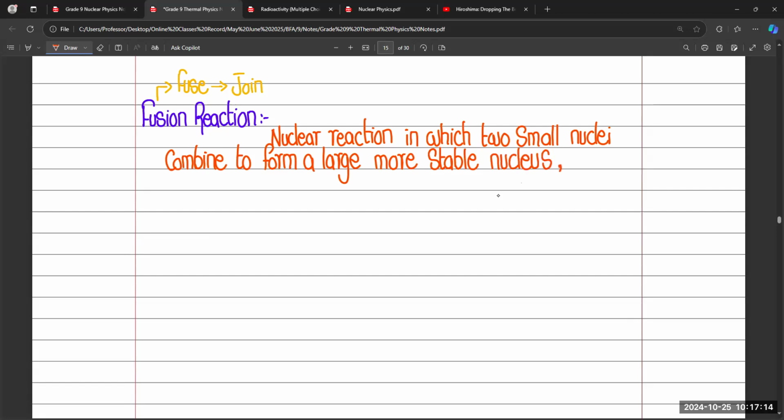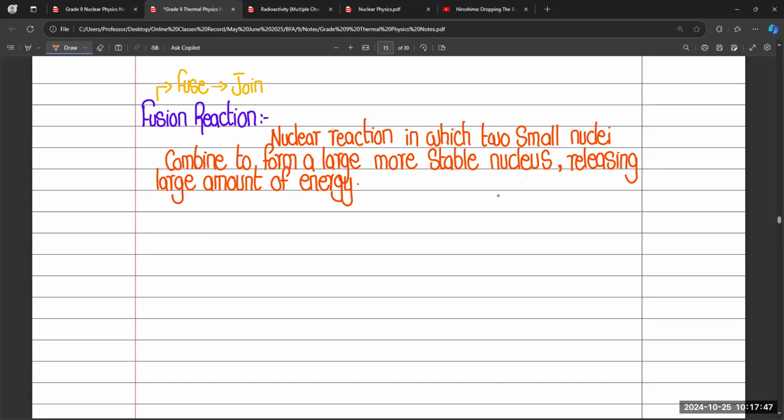Definitely, it also releases energy, releasing a large amount of energy. So this is the process of fusion reaction.